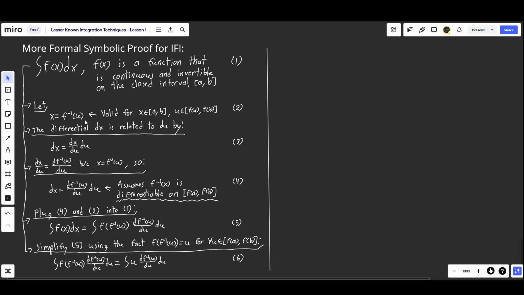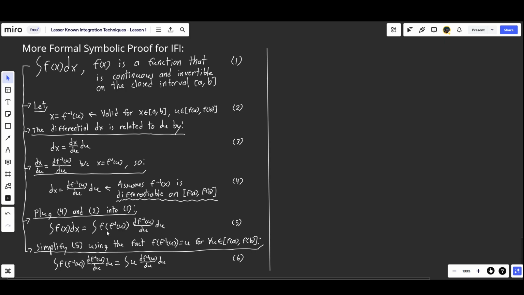If we plug in our substitution x equals the inverse of f of u, and what we received for dx, into the indefinite integral, we can see that it becomes the indefinite integral of f of the inverse of f of u times the derivative of the inverse of f of u with respect to u times du.